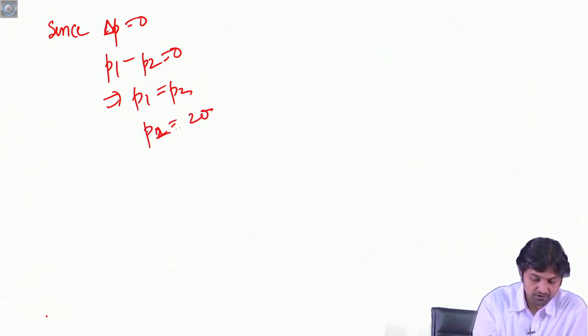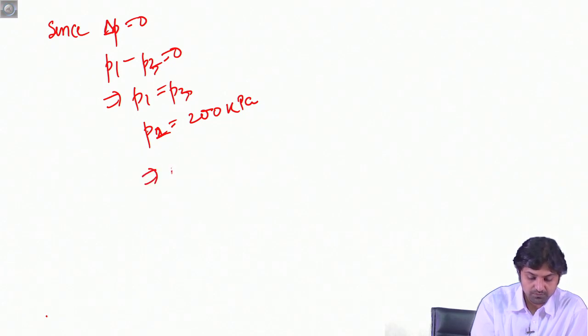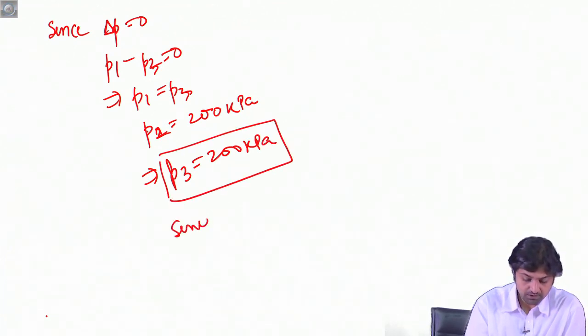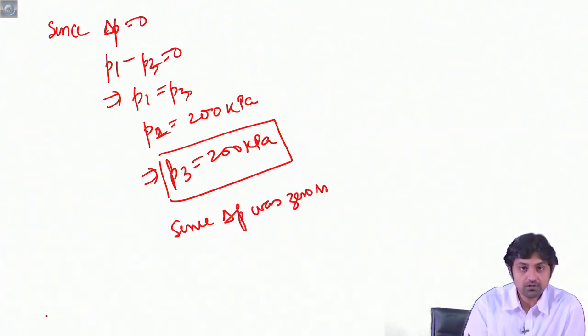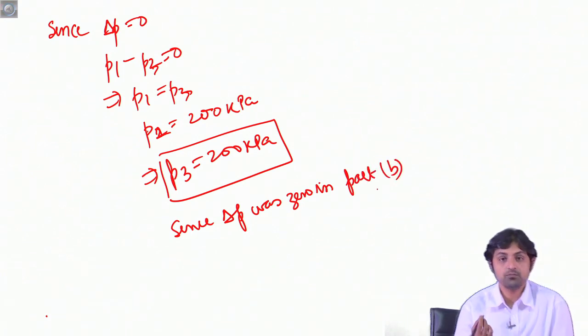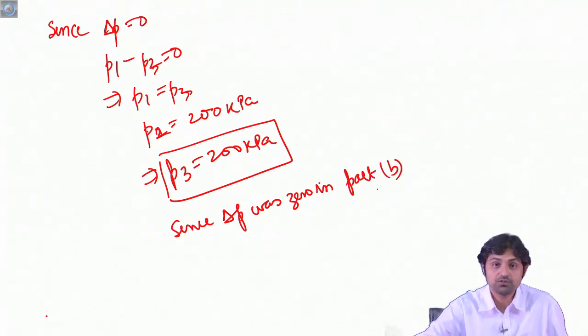Sorry, P1 is equal to 200 kilopascal, or yes, P3, sorry. Therefore, P3 is also going to be 200 kilopascal since delta P was 0 in part B. Very simple, because there was no pressure drop per unit length.